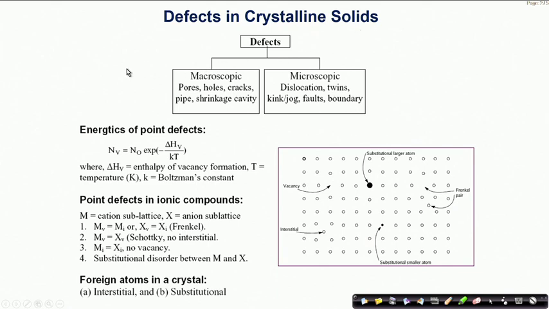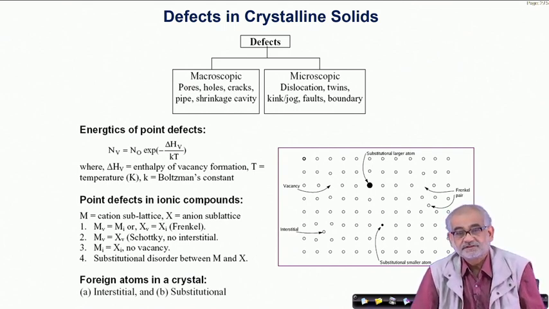When we talked about structure of solids and particularly discussed the crystalline solids, we discussed the point lattices, unit cells, Bravais lattices, crystal systems, and crystal structures, but nowhere did we mention the possibility of presence of defects.